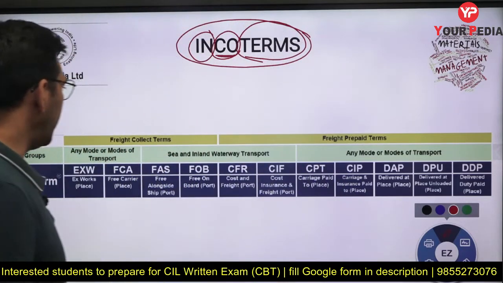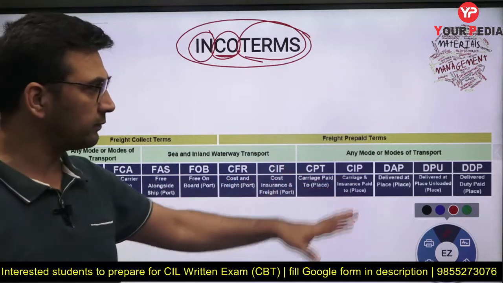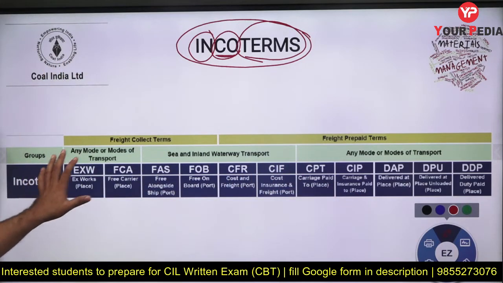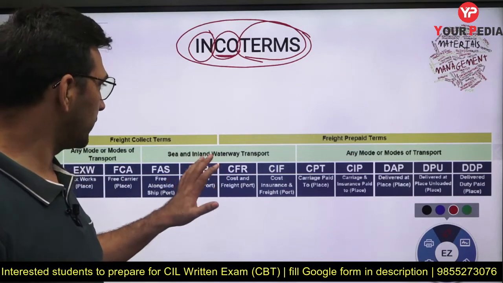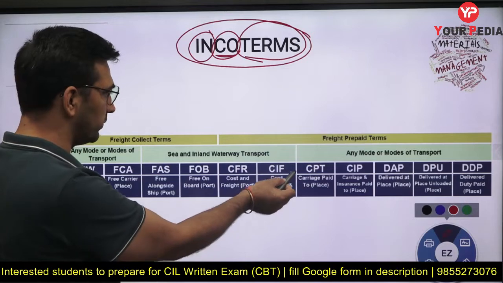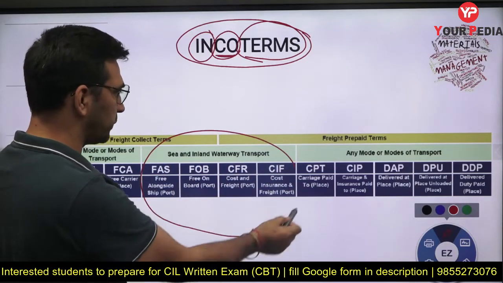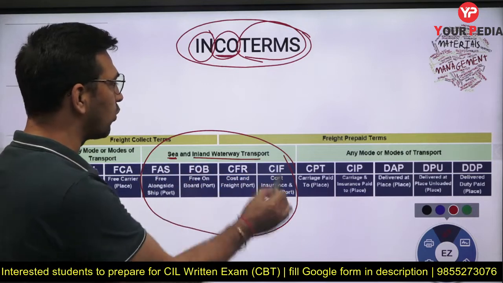Now we have some of these international commercial terms mentioned over here. In any case, we are going to discuss all of them over a period of time, but today I have chosen a few of those Inco terms, specifically related to sea and inland waterway transport.